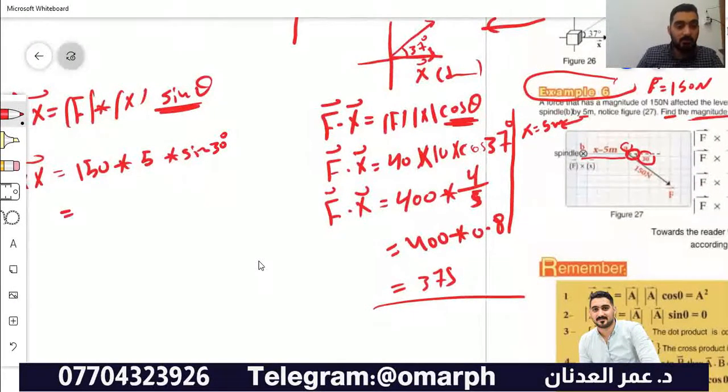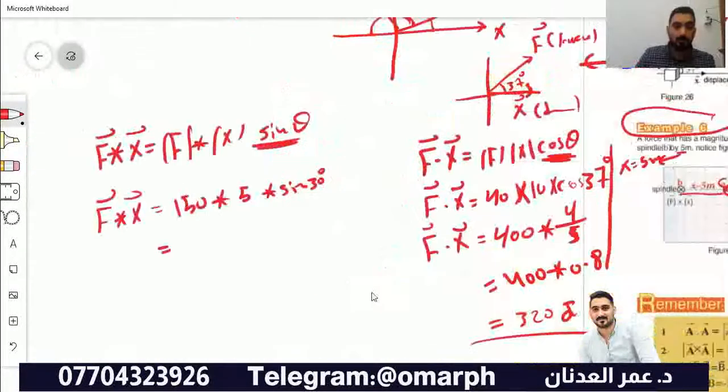Now, F vector cross X vector equals 150 by 5, which is equal to 750.